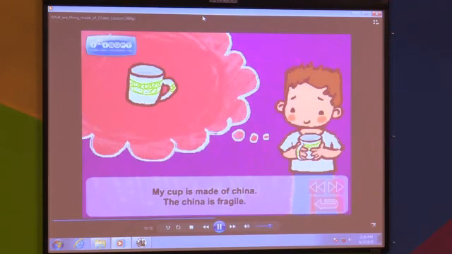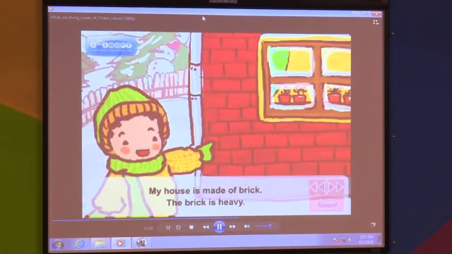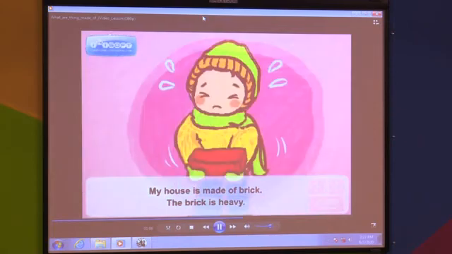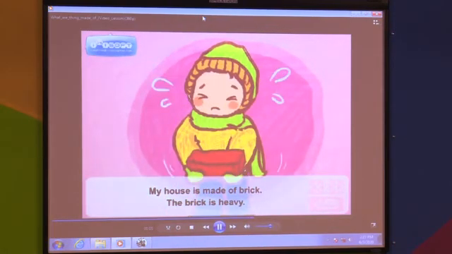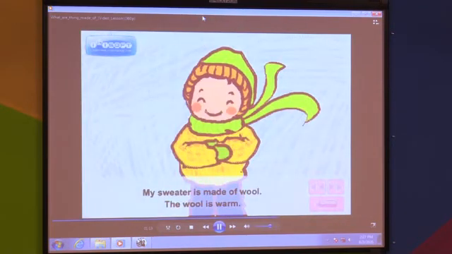The china is fragile. My house is made of brick. The brick is heavy. My sweater is made of wool. The wool is warm.